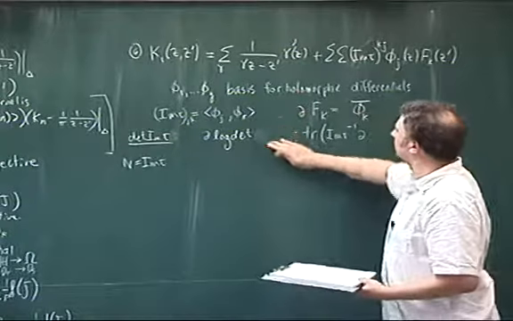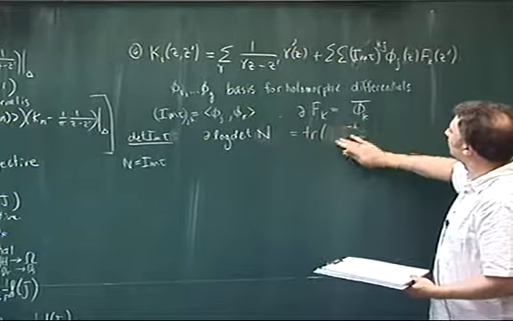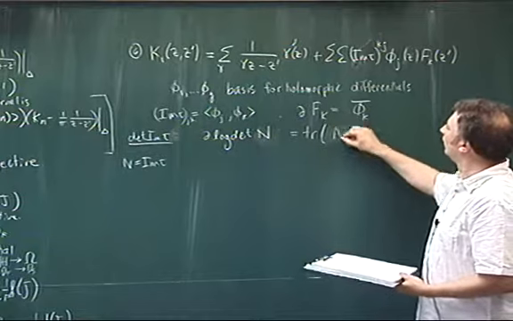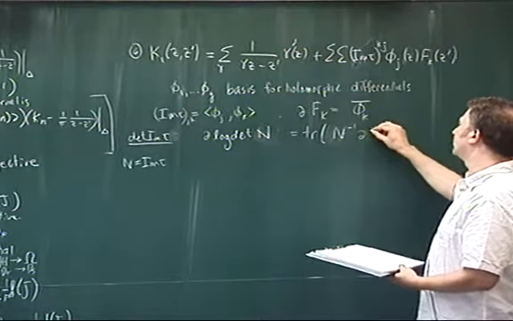Let me just write N for the matrix imaginary tau. So this is N inverse dN.